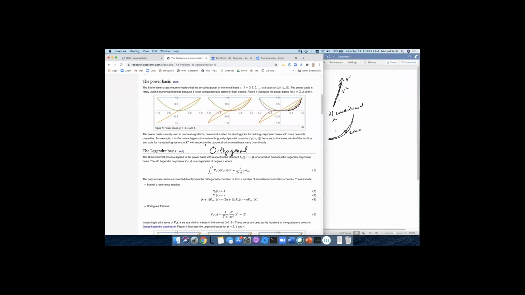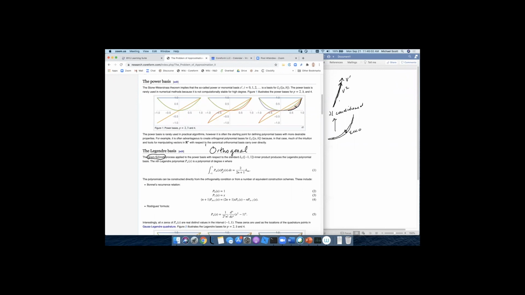Okay, so what we're going to do is use a procedure which I haven't talked about yet. It's called the Gram-Schmidt orthogonalization process. We're going to apply it to the power basis with respect to some inner product.